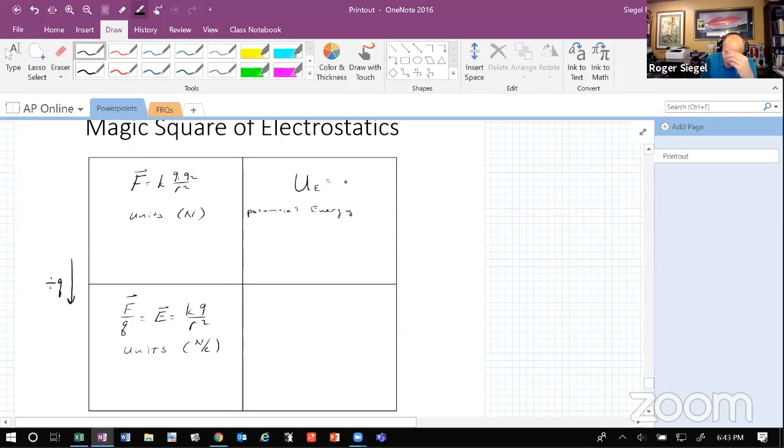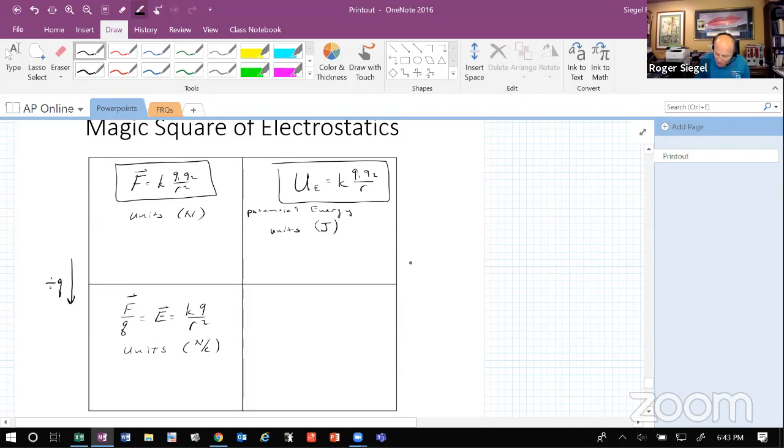Well, if I multiply this by r, I get k Q1 Q2 over r. And so that is the formula for the potential energy for two point charges in a particular arrangement. The units for potential energy are joules. We learned that in mechanics.